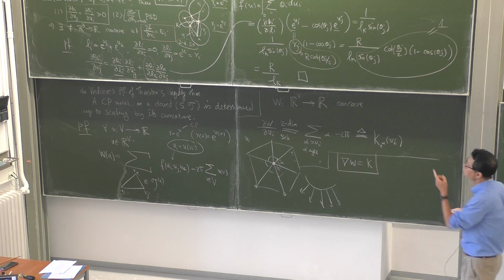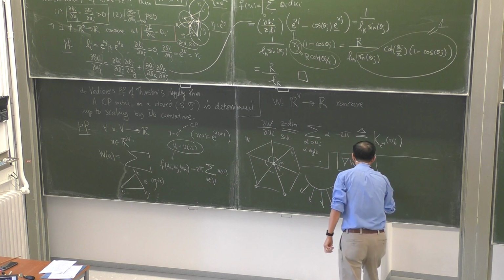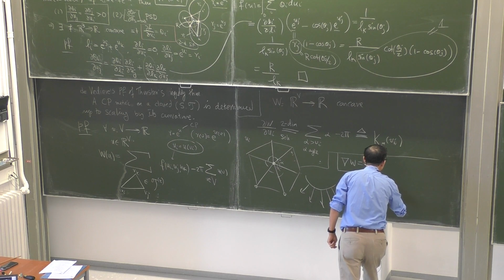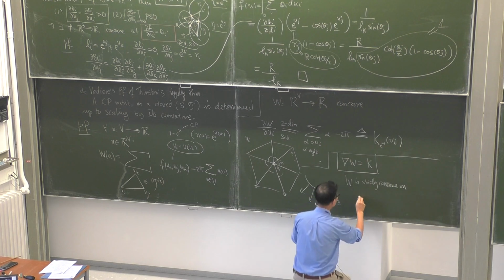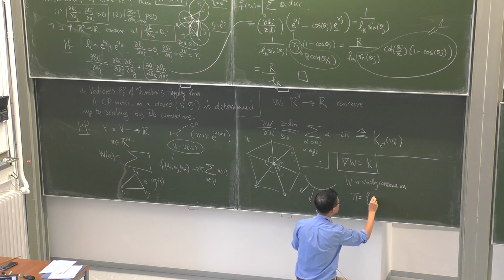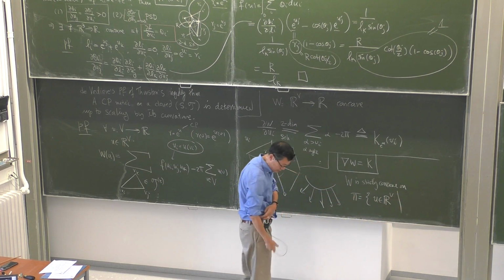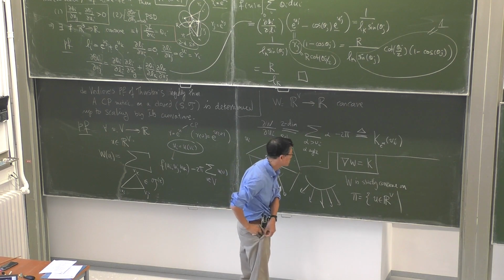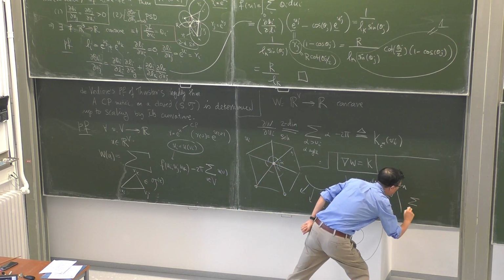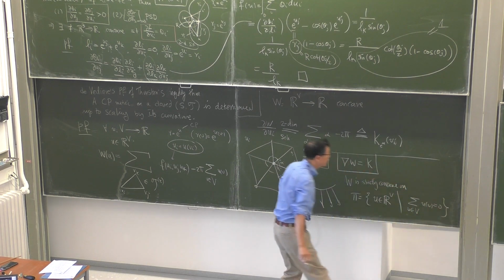So it's extremely simple to check that W is, in fact, strictly concave on the hyperplane Pi, where you look at the set of all assignments modulo scaling, and so the scaling is just the sum of all the vertex values being 0, and then you are done.